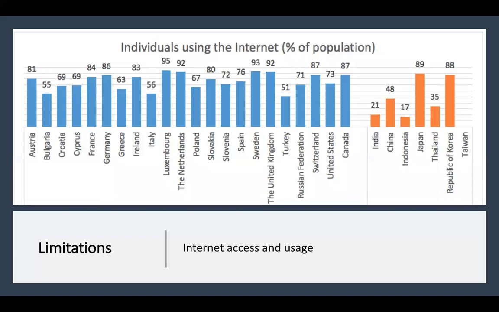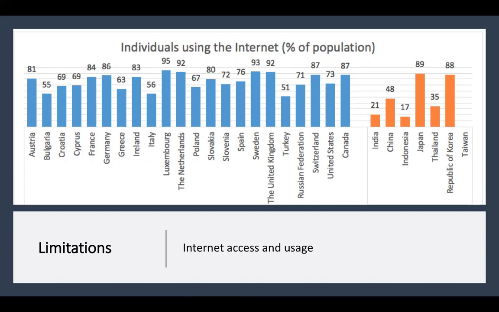Like all studies, of course, this study also has some limitations. The internet access and usage of the population is the most important limitation of our study. As you can see from this figure, there isn't any homogeneity of internet usage. There are some important differences between countries. So this, of course, can affect our findings and our interpretation.